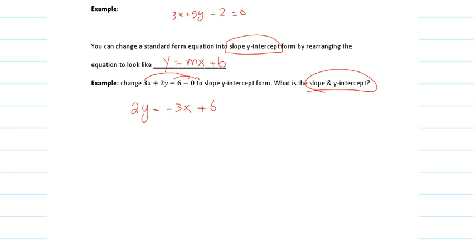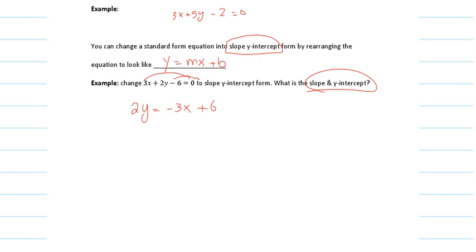So the first thing you want to do is move the terms to the other side. Now I want y by itself, as you can see. I don't want any numbers or anything with the y. So I need to get rid of that number that's with the y. How do I get rid of that 2? What's happening right now between the 2 and the y? It's 2 times y.